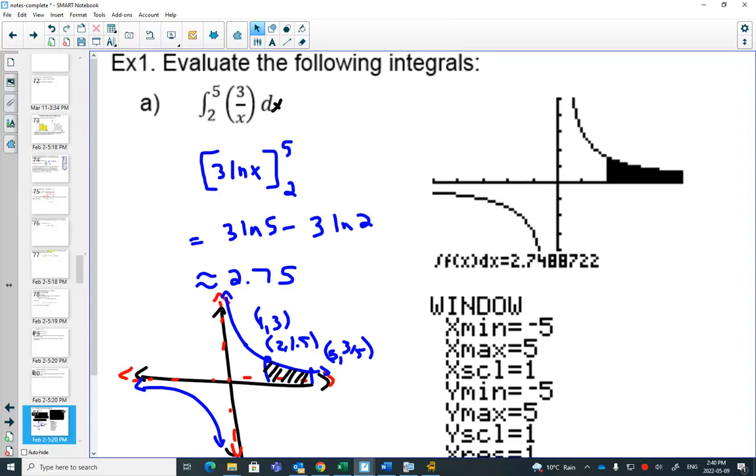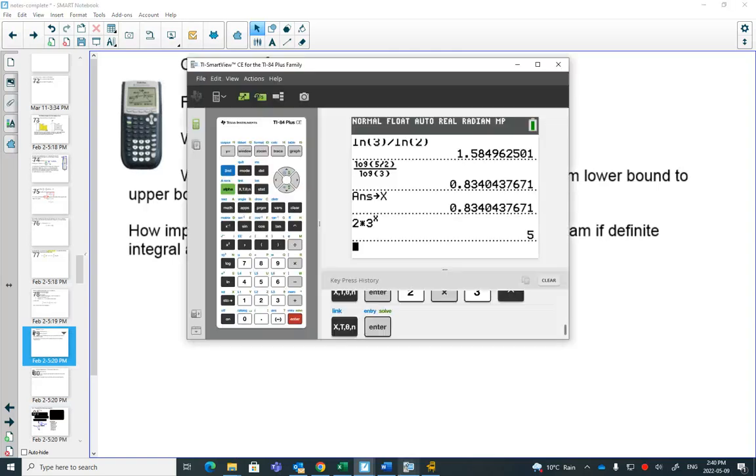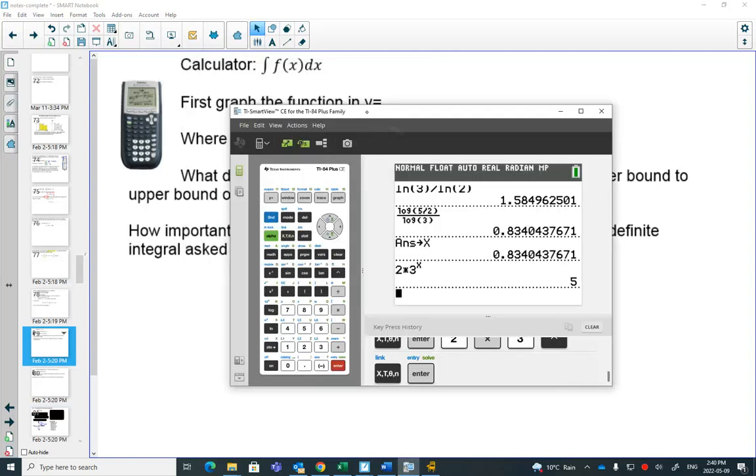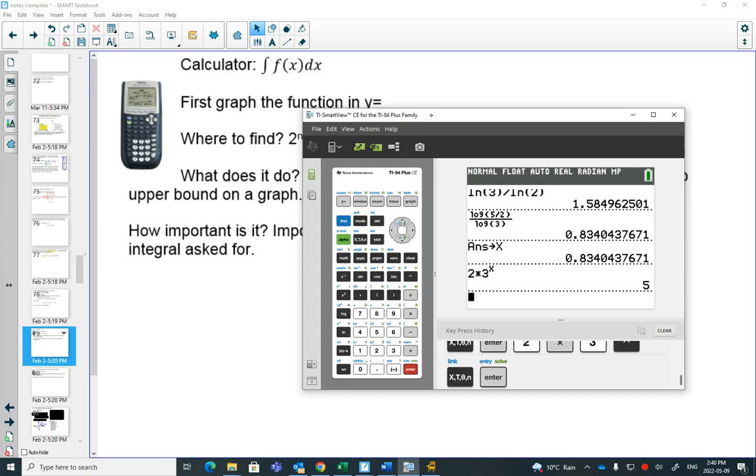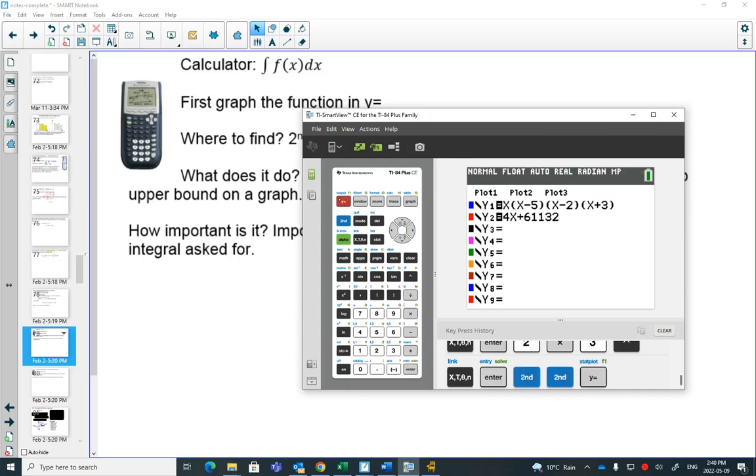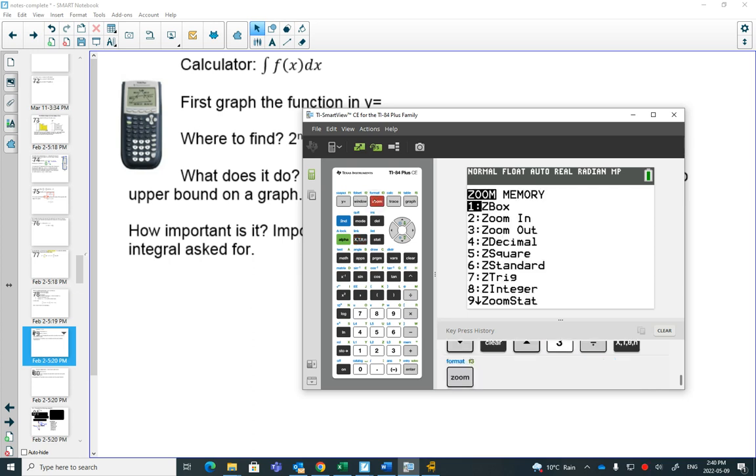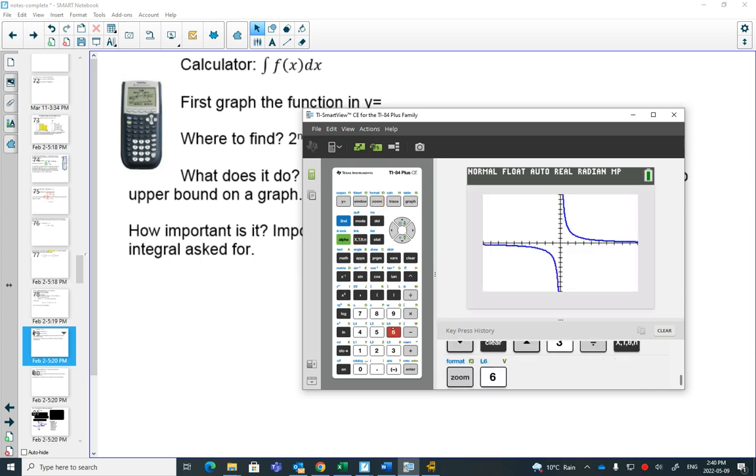So if we do this with the calculator instructions here, some of the things you can do on our calculator. First, we can write our equation, 3 divided by x, into y equals. There's our 3 over x graph, okay?